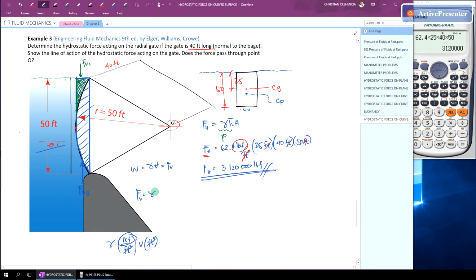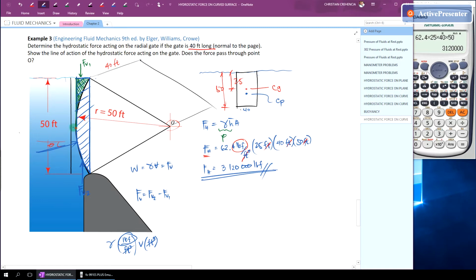so, meron kasi tayong dalawang, let's say, FV2 minus FV1. Okay. So, ang na-expect kasi nating direction ng hydrostatic force. So, since, sabi nga natin, dito lang, no, sa horizontal component muna, dito sa vertical projection ng area natin. So, yung center of pressure is below ng center of gravity.